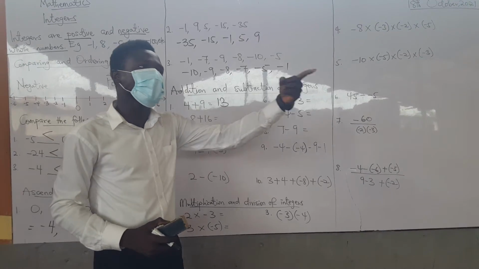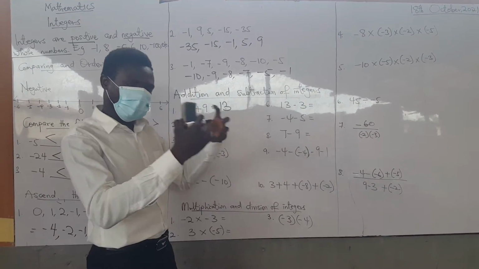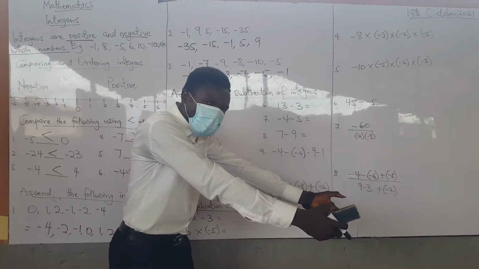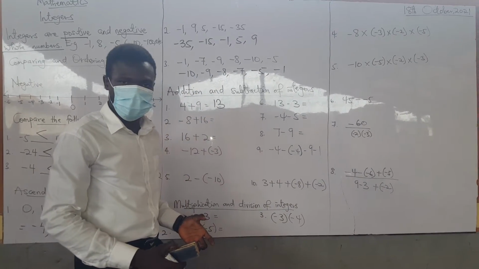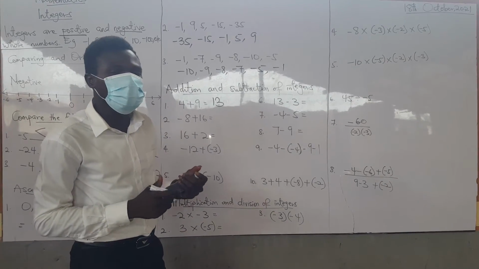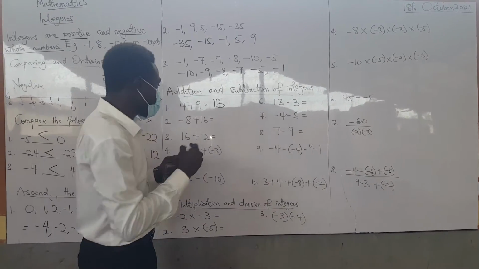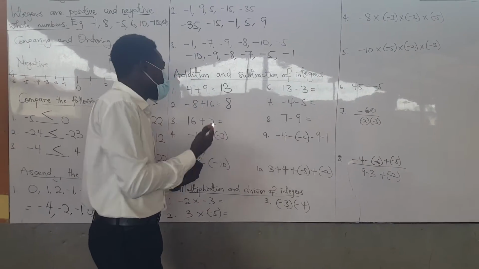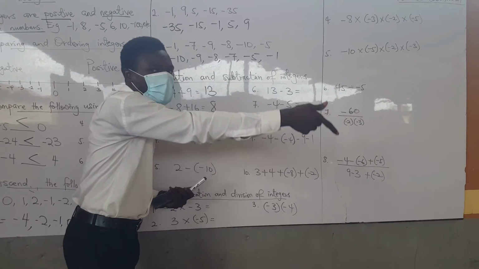So if you are owing 8 cedis and you have 16 cedis, if you pay the 16 cedis, you are left with how much? 8 cedis. That 8 cedis, because it belongs to me, I won't write negative 8. But therefore, I'm going to write positive 8. Just that we don't write the plus.